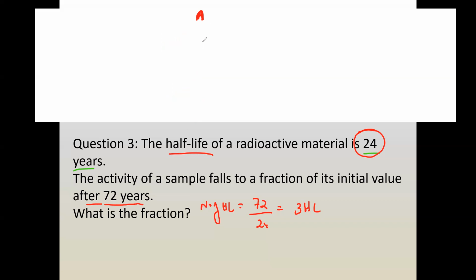Originally it is A, and after 24 years, the amount of sample which will be active will be A by 2, because half-life is the time taken by half of the radioactive sample to disintegrate or decay.